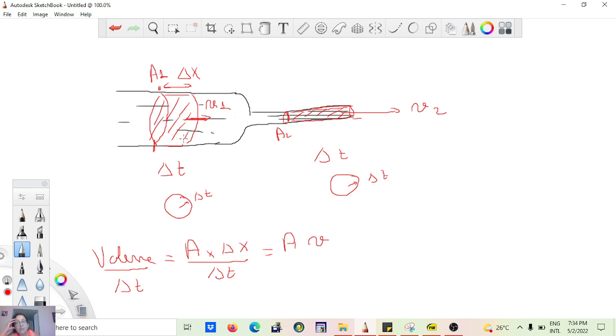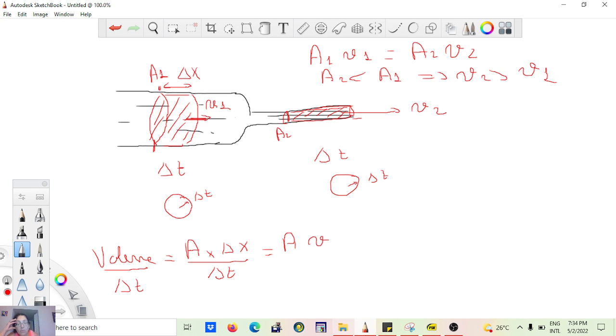And this amount here has to be equal to this amount there. So that means A1 V1 has to be equal to A2 V2. And if A2 is smaller than A1, that means V2 is greater than V1.